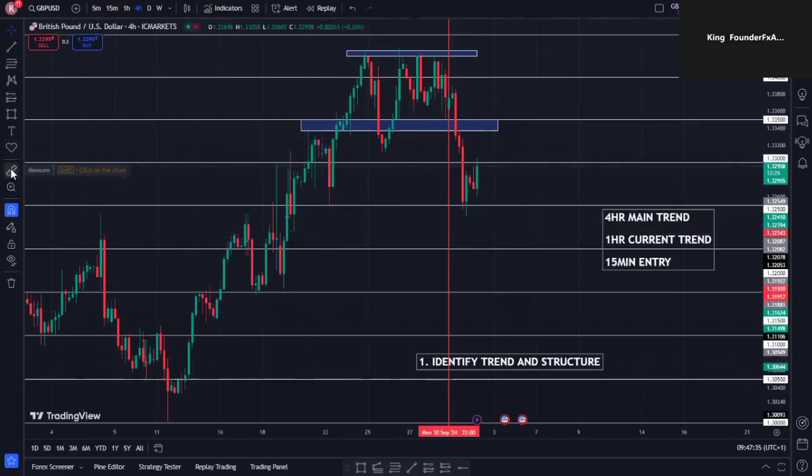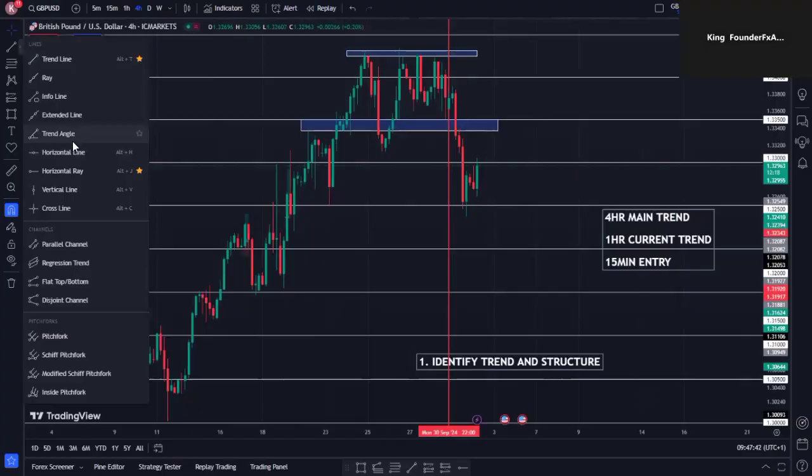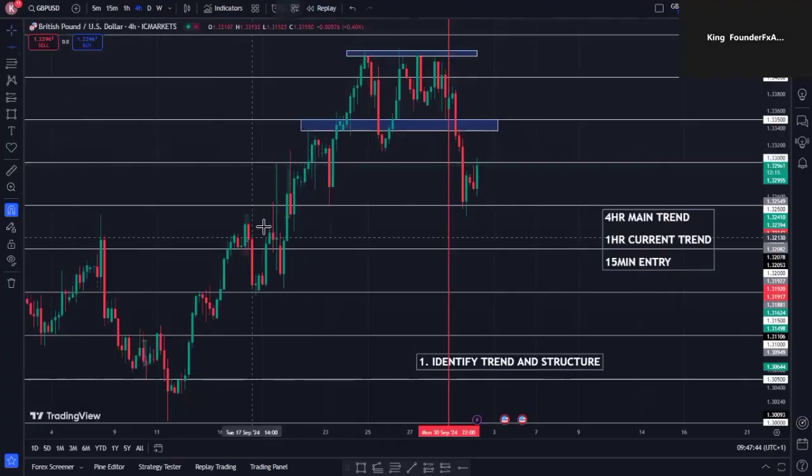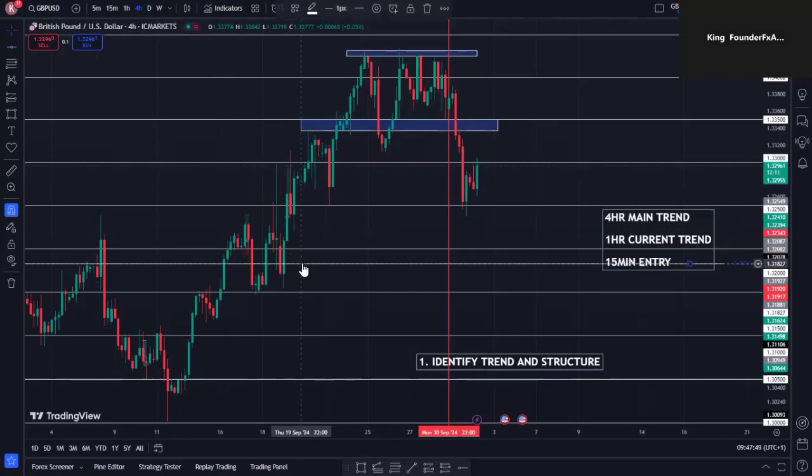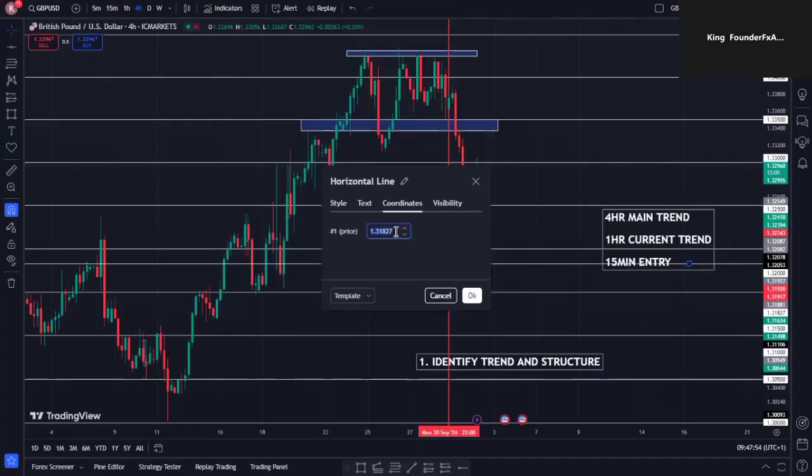And how I get a psychological level, you want to go to your horizontal line tool and hover it anywhere on the chart. Then you want to take it to a whole number. So you can see here this is 1.31827.